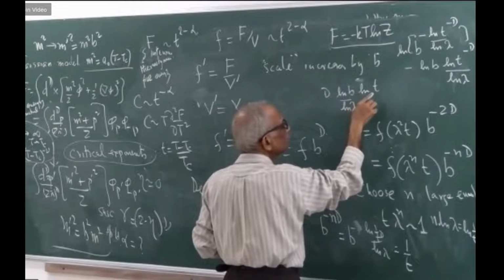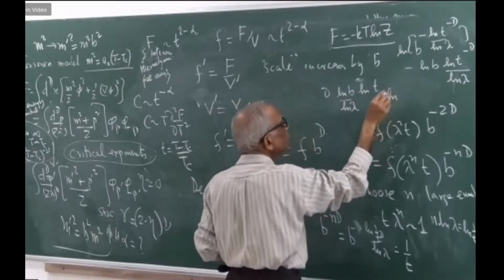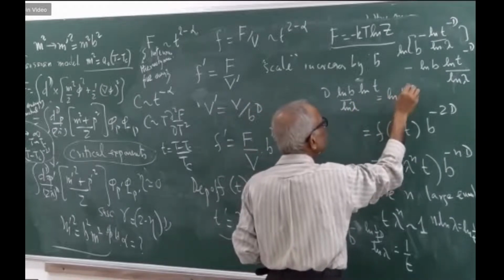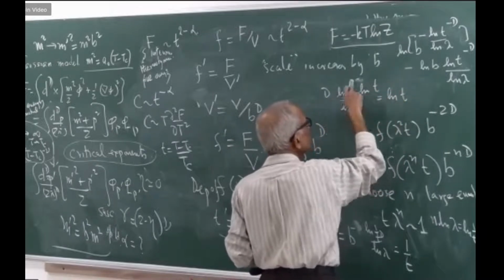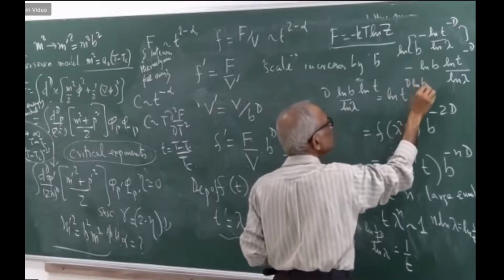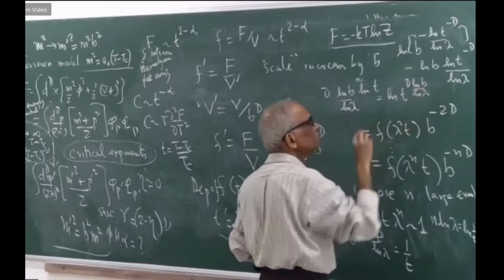Therefore this is equal to log of t to the power d log b divided by log of lambda.